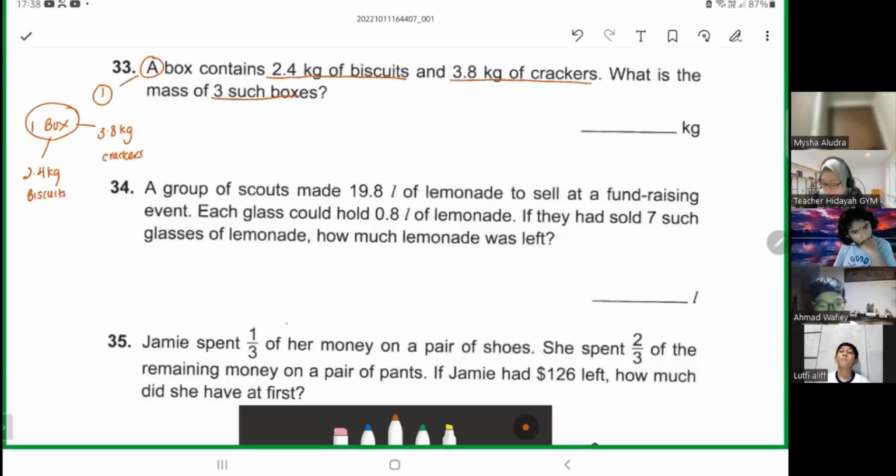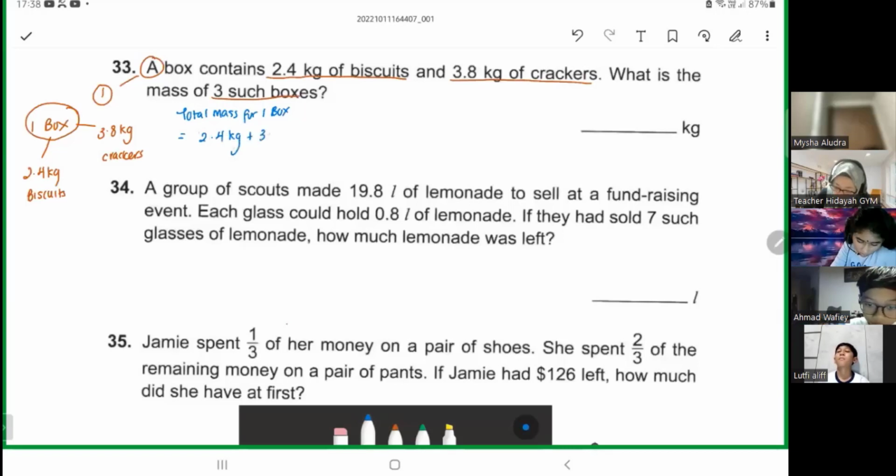You find the total mass first. So total mass for 1 box, you need to add, 2.4 kg plus 3.8 kg. When you add, you get 6.2 kilogram. Is that what I want for the question?